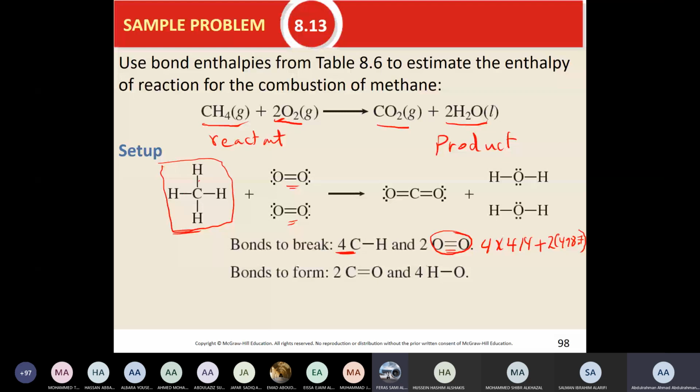CO double bond. 2 double CO. Good. And it's actually 799 for the CO. And how many did we make? 2. What sign are you going to give to the product? Minus. Don't forget this.